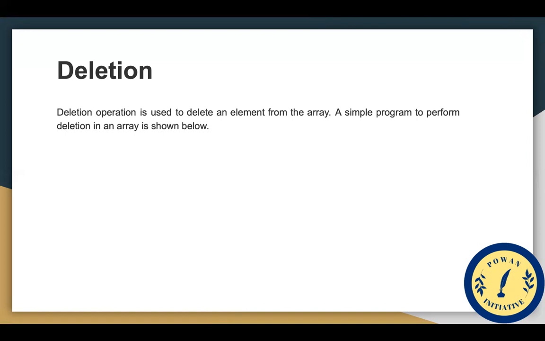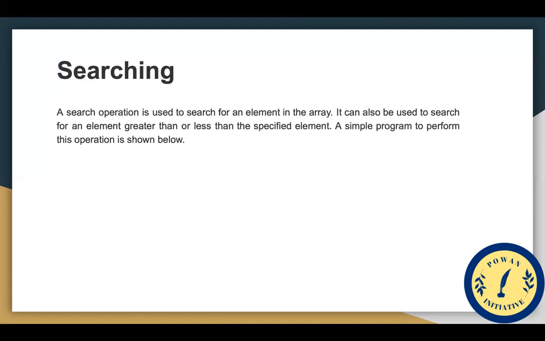As we have mentioned, a deletion program is shown below, which we're going to run in the compiler right after. But before actually executing the deletion program or going through it, first let's go further and examine the next operation, and then we will do the deletion process. And this process is searching.